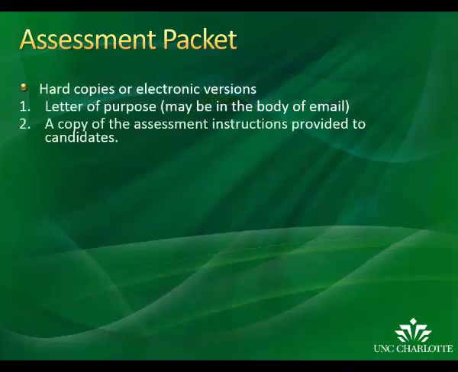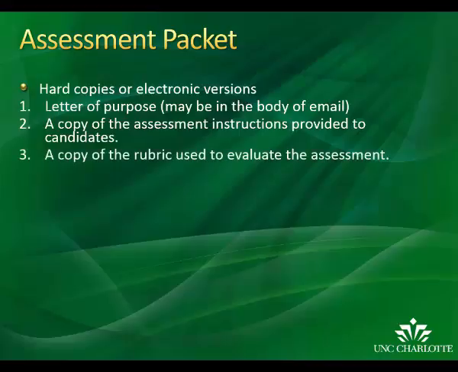2. A copy of the assessment instructions that are provided to candidates so the reviewers can understand the assignment that the candidates are asked to complete. 3. A copy of the entire rubric that's used to evaluate the assessment, even though the reviewers are only looking at and completing the response form.